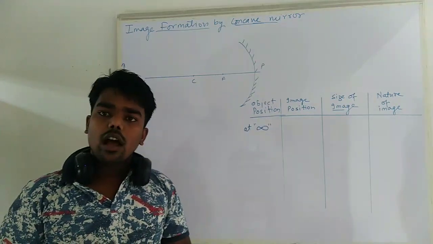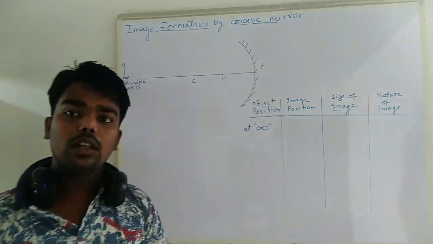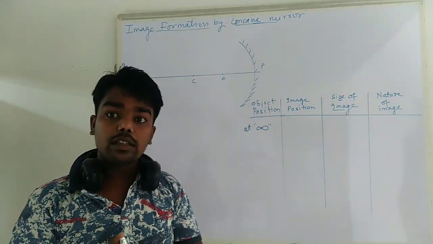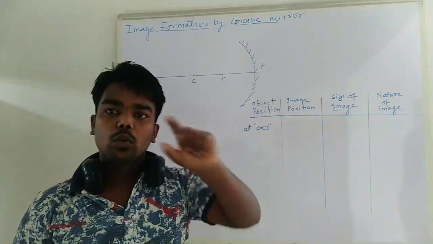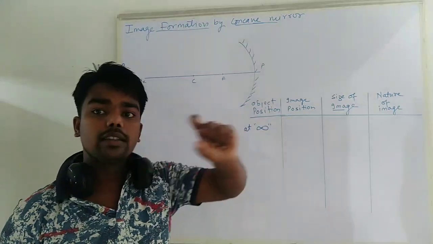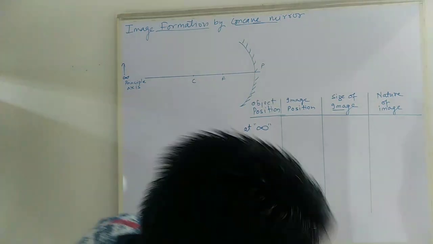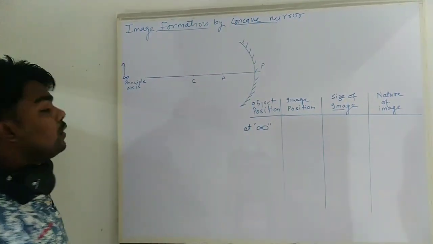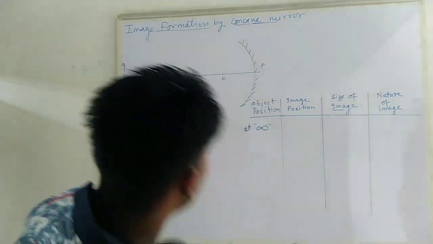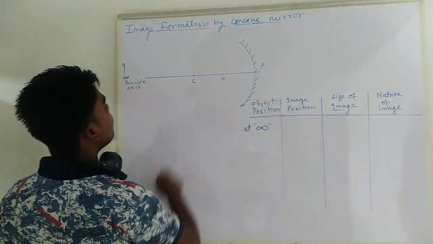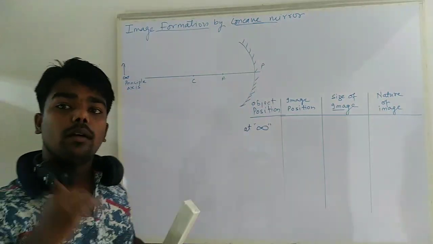So if light rays are going to come from infinity, how will those light rays come? If we draw two light rays from infinity in any direction, those light rays will be parallel. So if we are going to draw the light rays coming from infinity, they must be parallel to each other, and in this particular case they will be parallel to the principal axis.